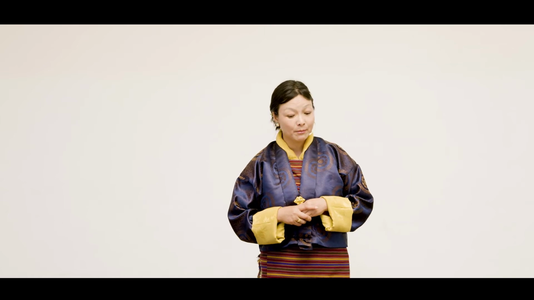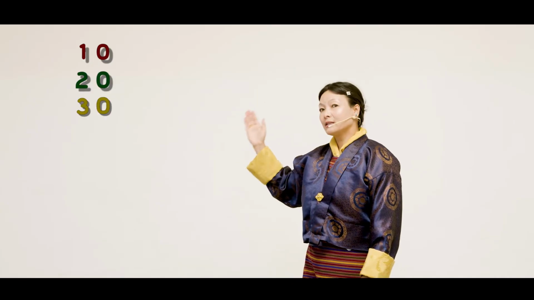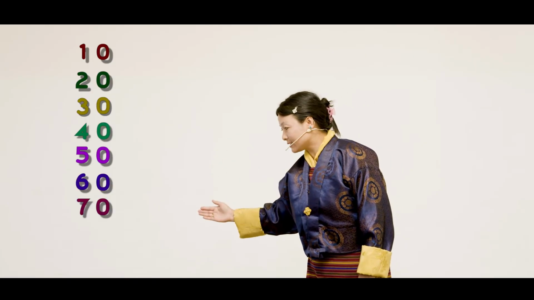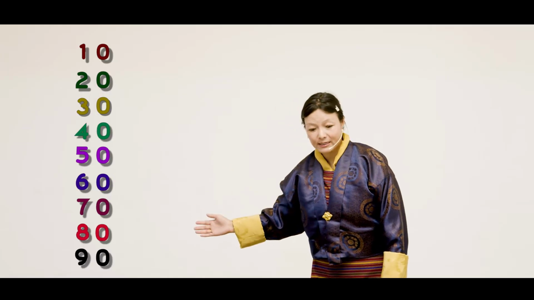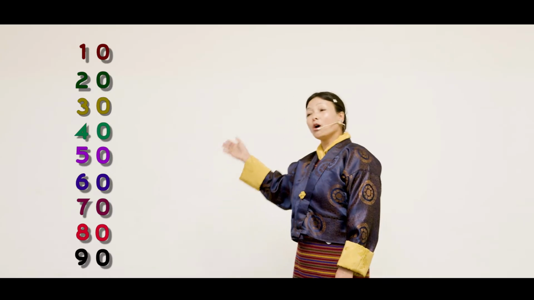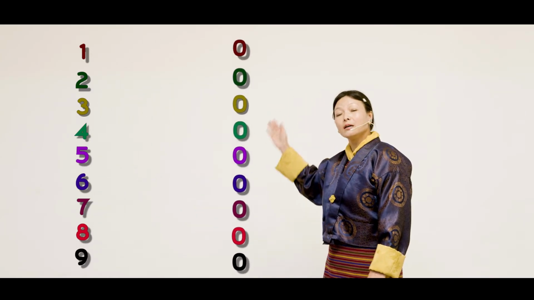Now let's go with the counts of tens that you have learned before. If you know the counts of tens, then it will be very easy for you to write the numbers from 10 to 100. Okay, 10, 20, 30, 40, 50, 60, 70, 80, 90. If you look at the counts of tens pattern, you will see all the ones place numbers are 0.